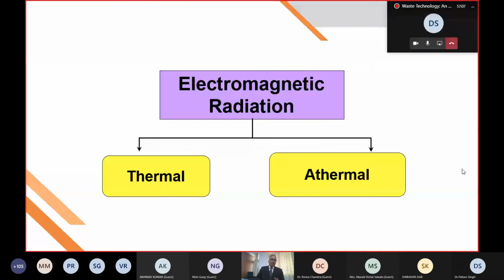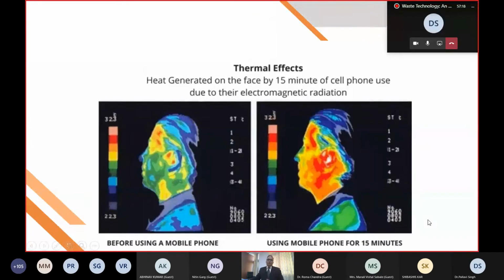Electromagnetic radiation may have thermal and non-thermal or athermal effects. Thermal means, as you see in this picture, before using a mobile phone and after just 15 minutes, this is the research data. After 15 minutes, you can see the thermal imaging near the receptive area, the ear place.